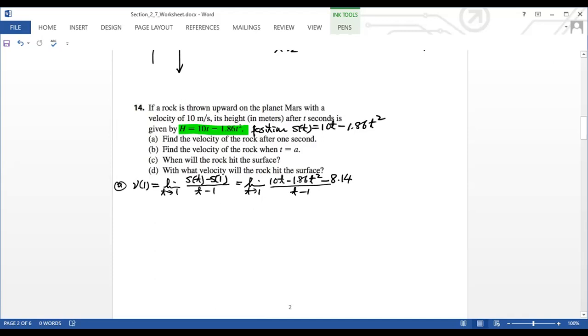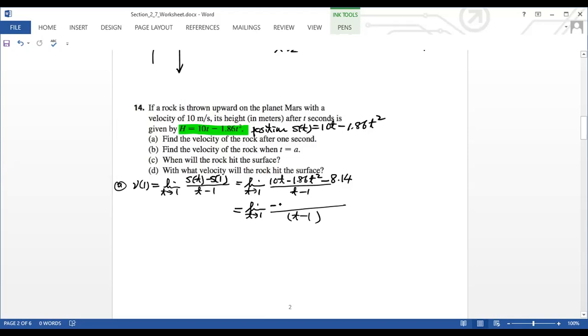Then you'll be able to factor that out. So this is over t minus 1, and you will have a negative.